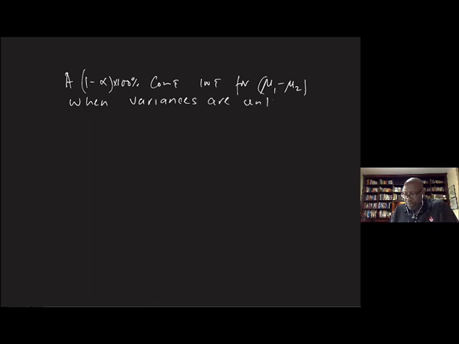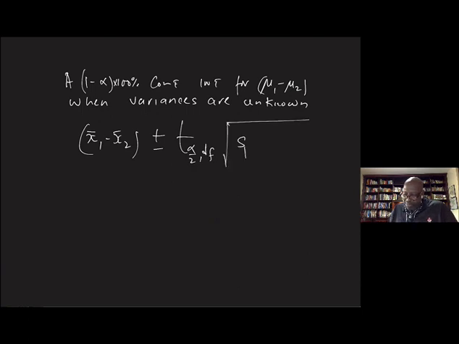So a 1 minus alpha times 100% confidence interval for mu1 minus mu2 when the variances are unknown, is given by the following, which would be our sample estimate, x bar 1 minus x bar 2, that's our point estimate, plus or minus our t value now, and of course we use t alpha over 2 because we have to take the significance level and spread it between the two tails since it is a confidence interval, and then our degrees of freedom, df, which I gave you a little earlier, times the standard error, and the standard error we said is Sp squared times 1 over n1 plus 1 over n2, right?